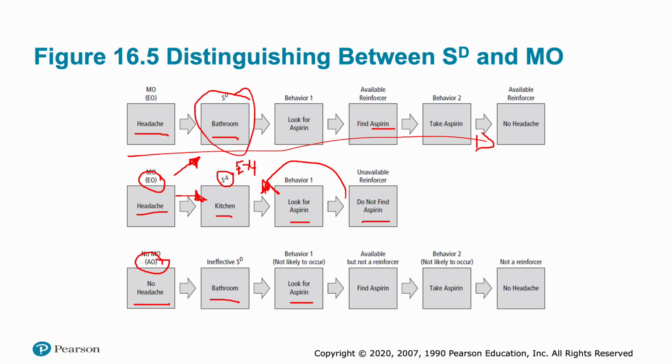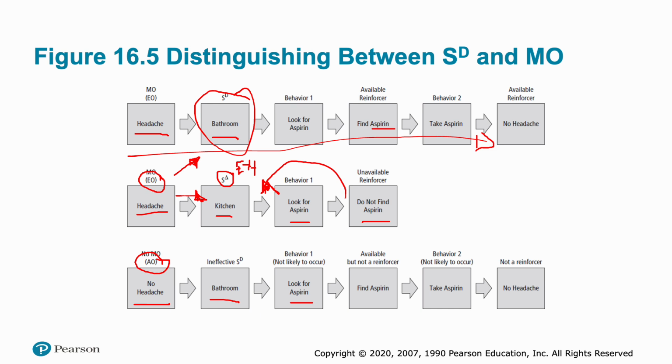And when you're in the kitchen, because the kitchen is not where you keep medication. And when you have engaged in the behavior of looking for aspirin in the past, you have not found any, okay? So I hope this helps you differentiate between EOs, AOs, and SDs and S deltas.